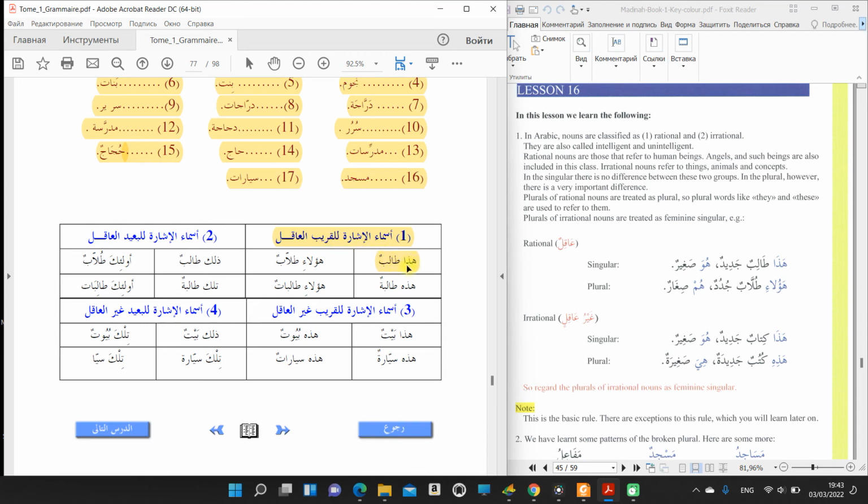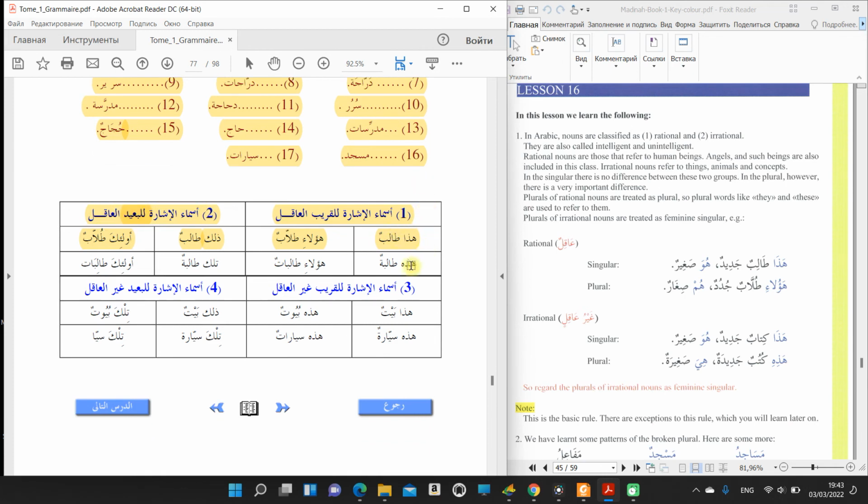We say هذا طالب. But if this طالب is not قريب, not close to us, but بعيد, far from us, we will say ذلك, that student, that is a student. And the same goes with the plural form. هؤلاء طلاب, these are students, they are close to us. But if they are far from us, we say أولئك طلاب.